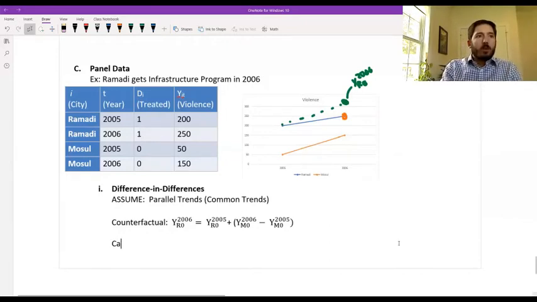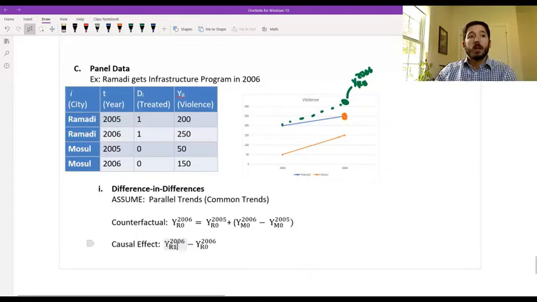So what is our causal effect going to look like? The causal effect is just going to be the difference between the counterfactual and what actually happened. So we're going to have what actually happened, which was Ramadi was treated in 2006. This is something we observe.